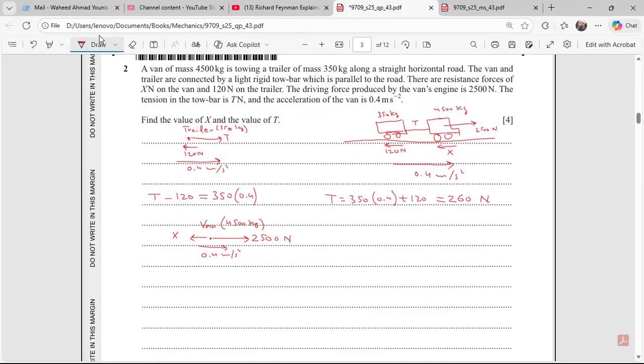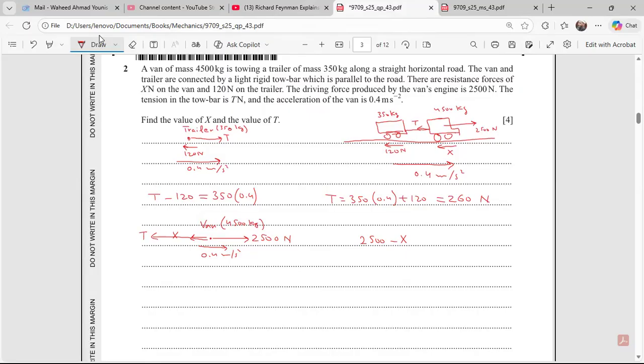Okay, so let's apply the forces here. The pulling force is 2,500 Newton minus this. Then, sorry, this tension in this rod T is also pulling the van in this direction. Remember? So the tension in this rod is also a force here.